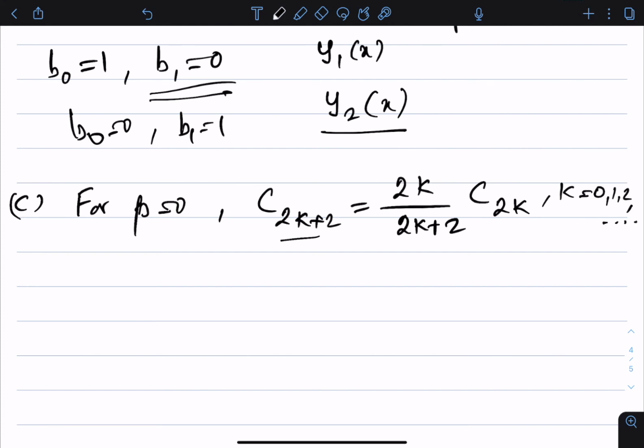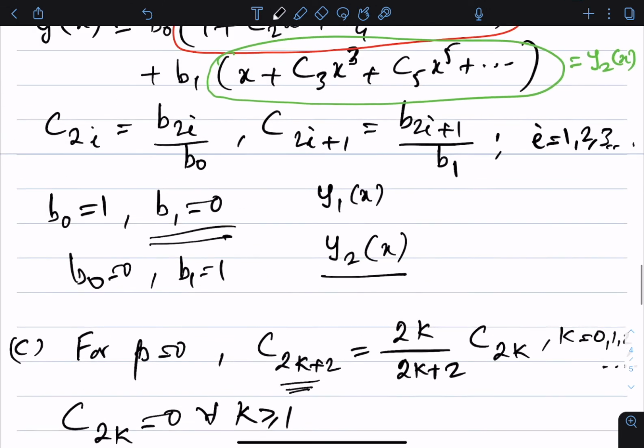Okay, so if this is valid, then you can immediately see that when you put k equal to 0, the factor 2k makes it 0, so 2k plus 2 C2 is 0, right? So if C2 is 0, C4 is 0, so every even subscript of C is 0, which basically means that C2k is 0 for all k bigger than or equal to 1.